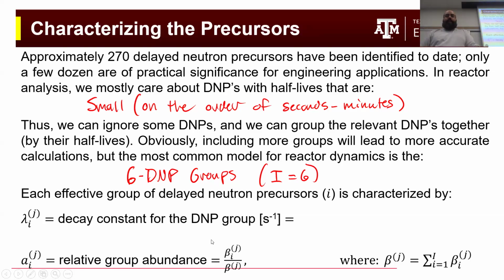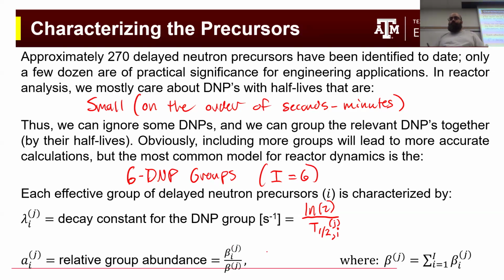By definition, the decay constant is equal to the natural log of 2 divided by the half-life of some precursor I that's born from some fissile nuclide J. And the relative group abundance is beta I divided by beta effective.